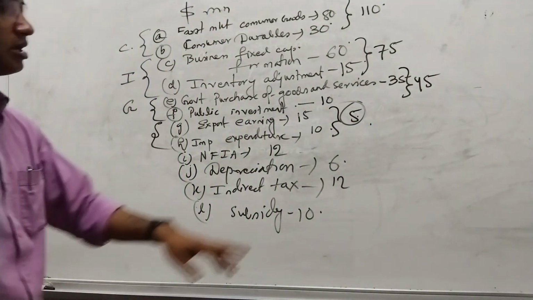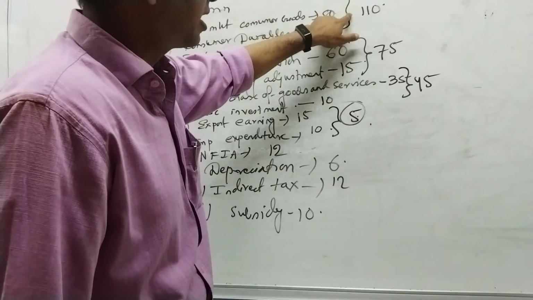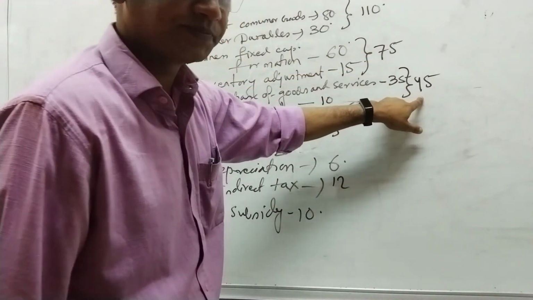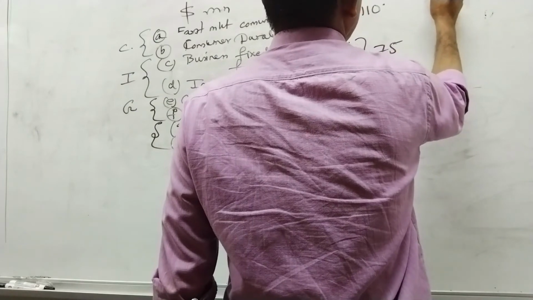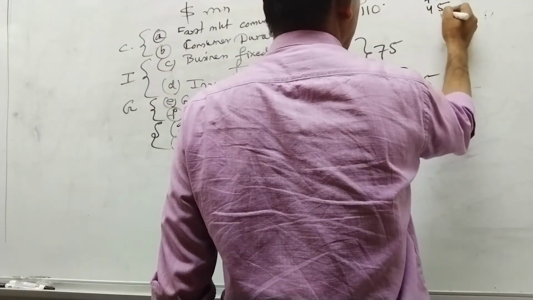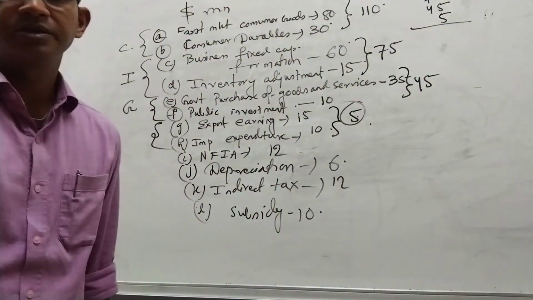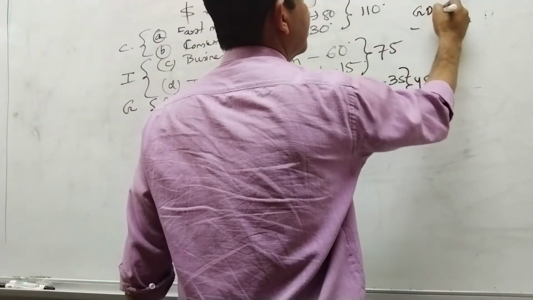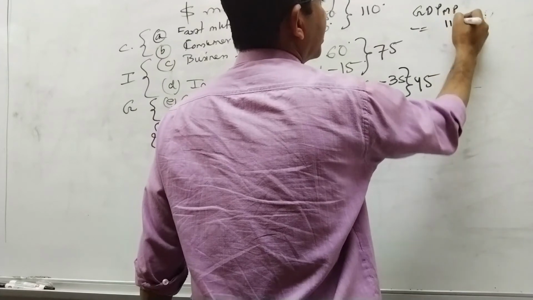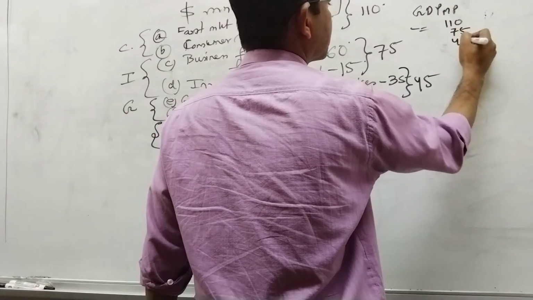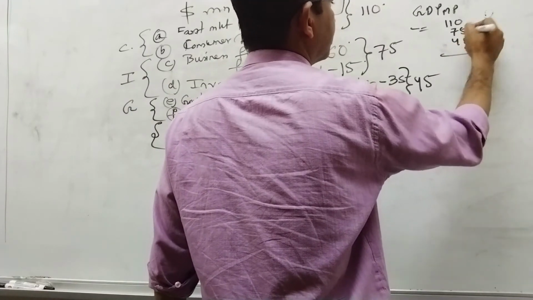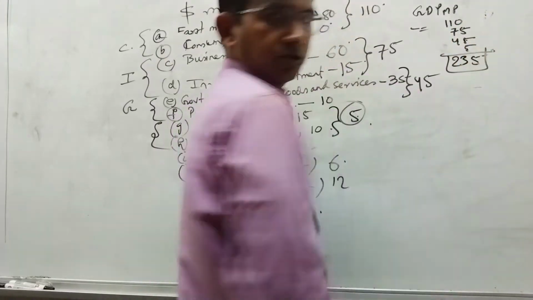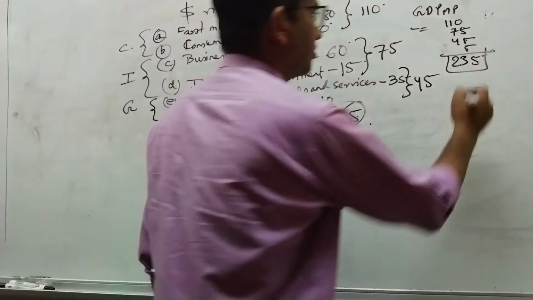So what will be the GDPMP? GDPMP will be 110 plus 75 plus 45 plus 5 equals to, in this case, GDPMP is $235 million.